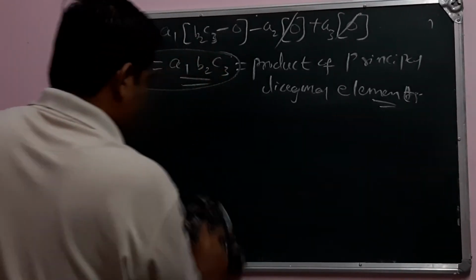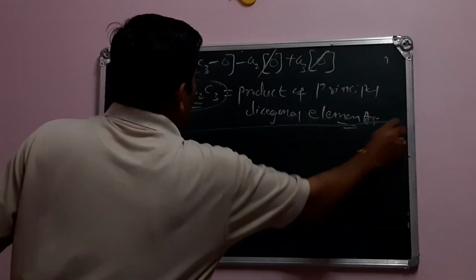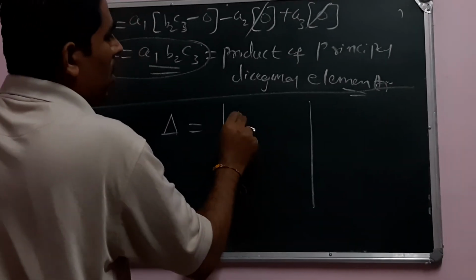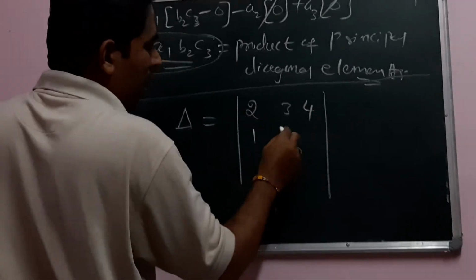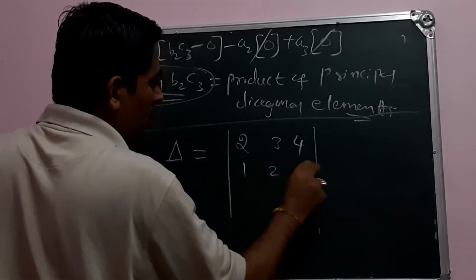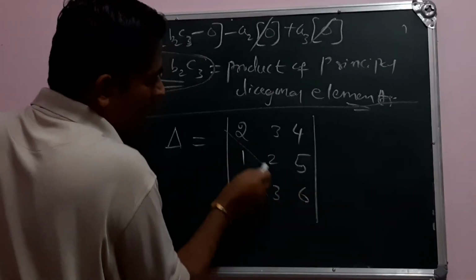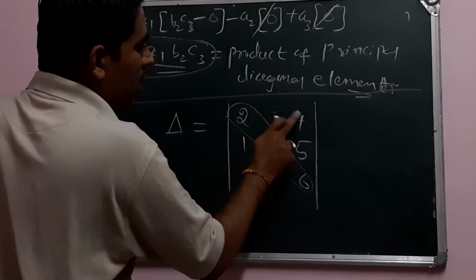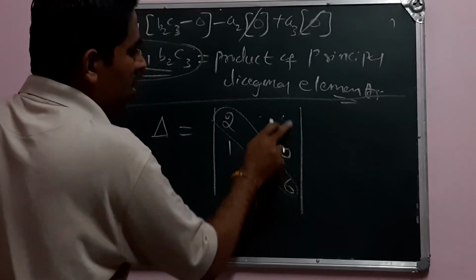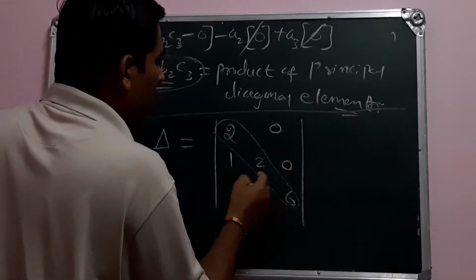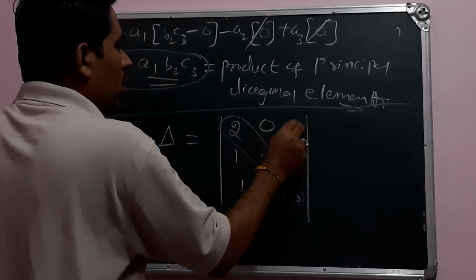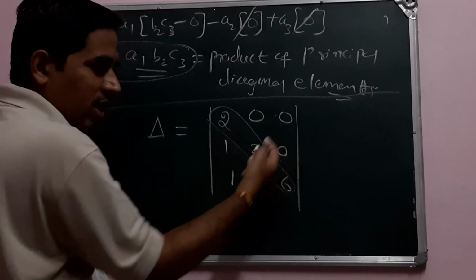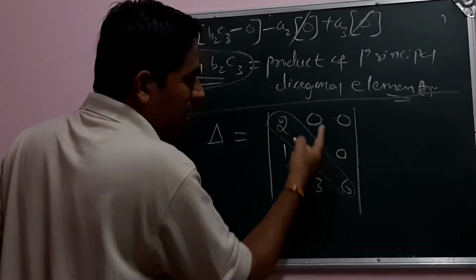Let me write one example here. We know these are the diagonal elements, the principal diagonal elements. If these three elements are 0, the upper half, or one side, of the principal diagonal elements are 0.